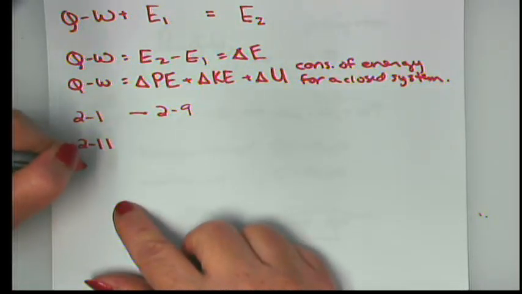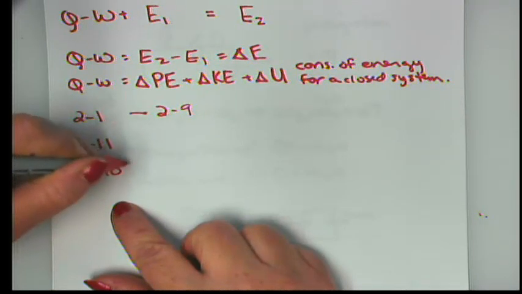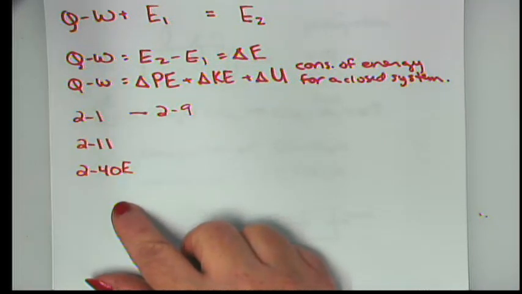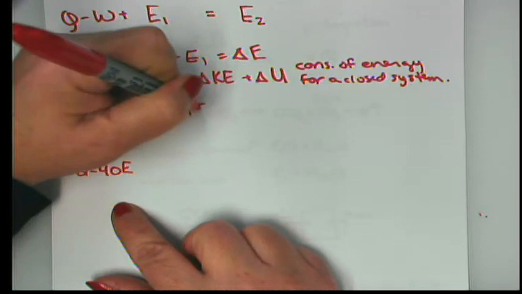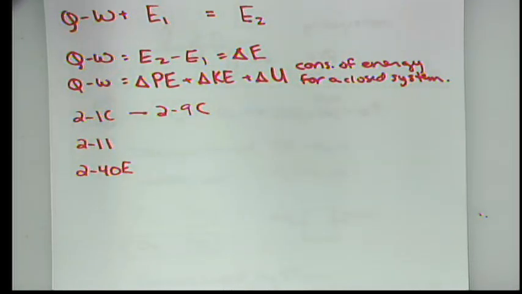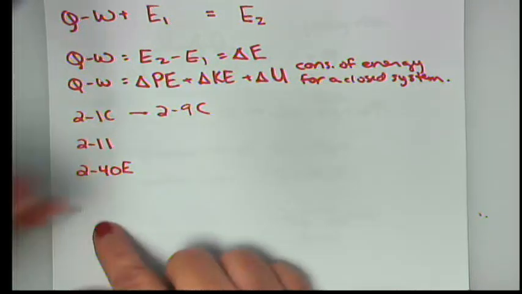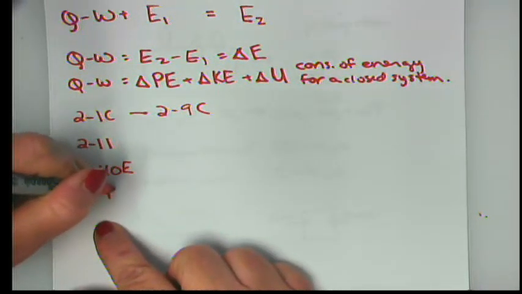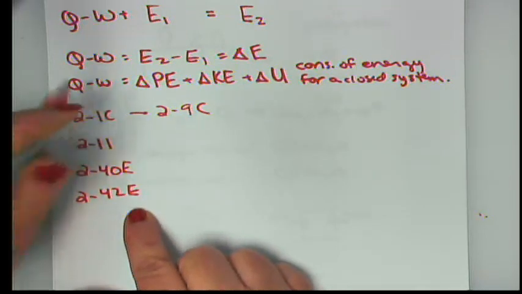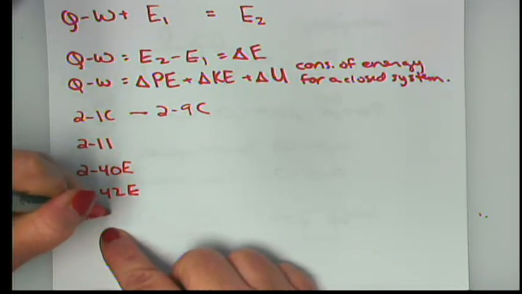And we need to do some with some different units. So we're going to do 2-40E in your textbook, and I want to do one more problem. Maybe two more. I want to do two more. 2-42E, and then 2-47. Okay?